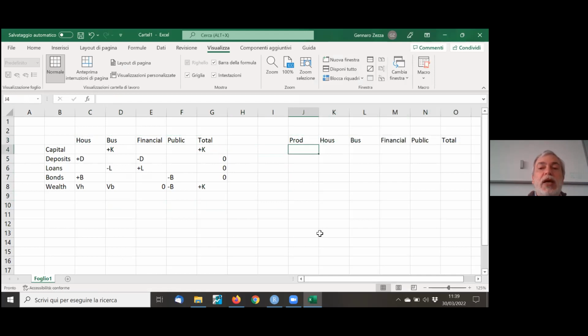So here we will have wages. Let's call this WB, which go to the households, and profits, which we could call, let's call them GOS for gross operating surplus. And well, let's do without the net indirect taxes. So this should sum up to GDP.